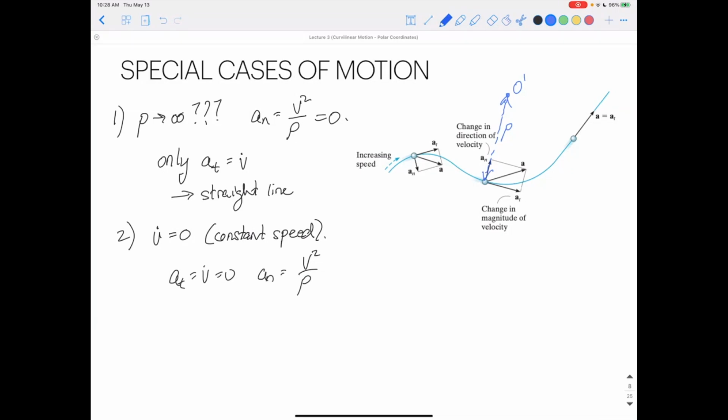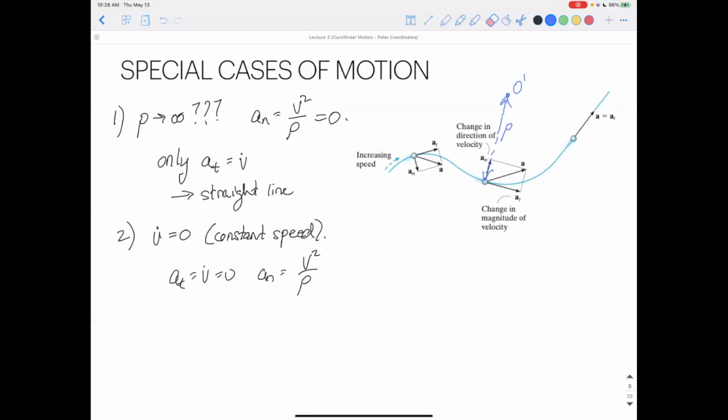If you're familiar with driving, one of the things they say to have the maximum grip around a corner is to not be accelerating. If you're accelerating, you're increasing that total acceleration vector, and that's putting more strain on your tires for grip. Friction can only provide so much force, and if you try to accelerate through a corner, you might slide off.